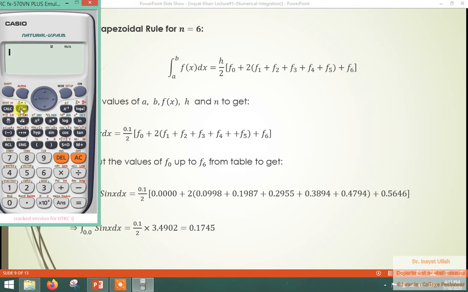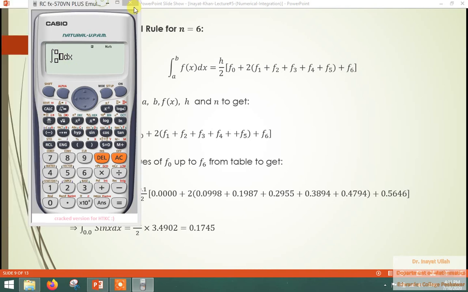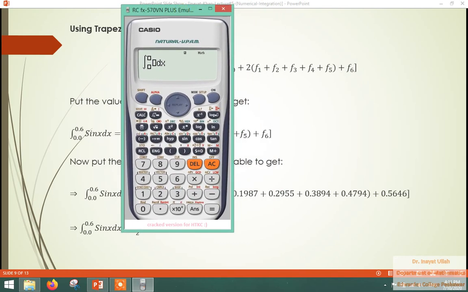So press this button and write the function over there. The function in our case is sine x. You see, f of x is sine x. So write there sine, then x, so alpha into this button, so that is sine x, and close this bracket.